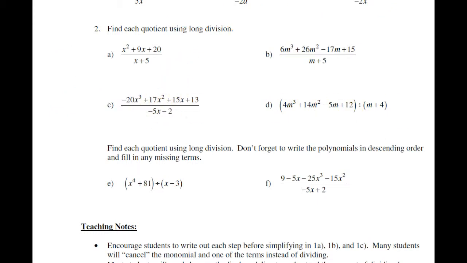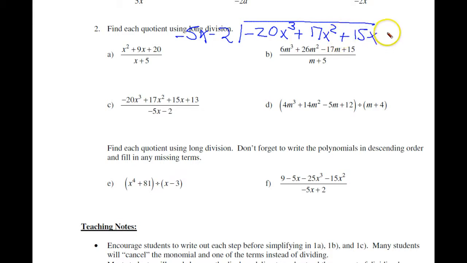Okay, we're now going to do letter C. We'll set it up. It's a negative 5x minus 2 divided into, is this correct? Yes, negative 20x to the third plus 17x squared plus 15x plus 13.